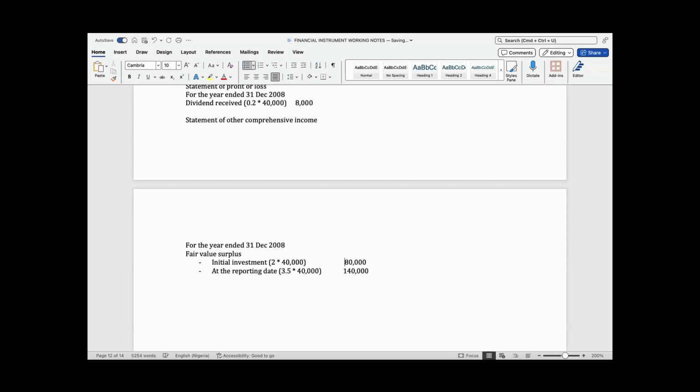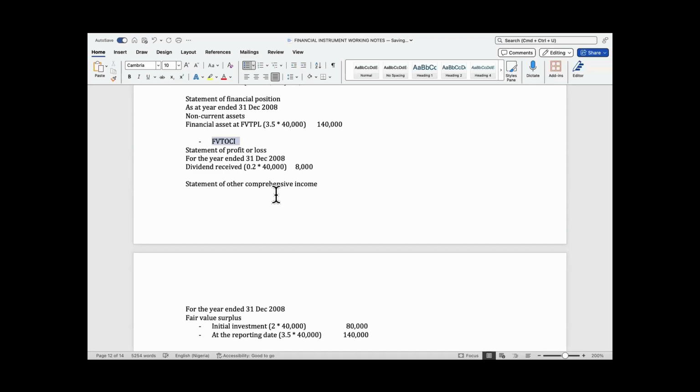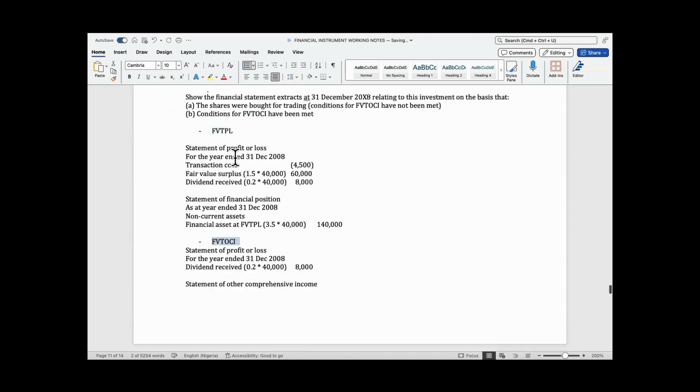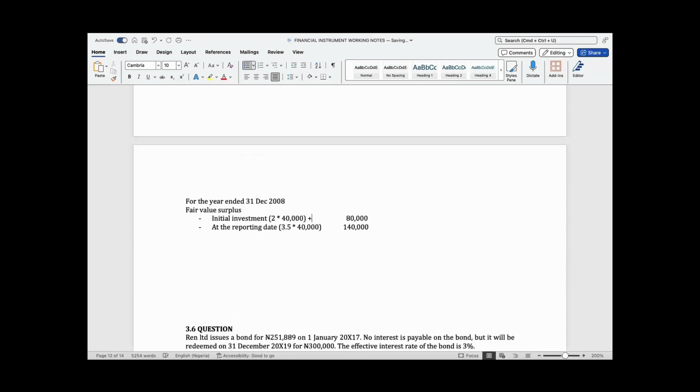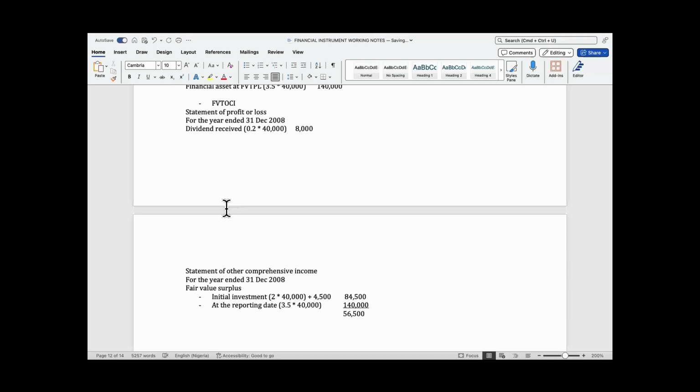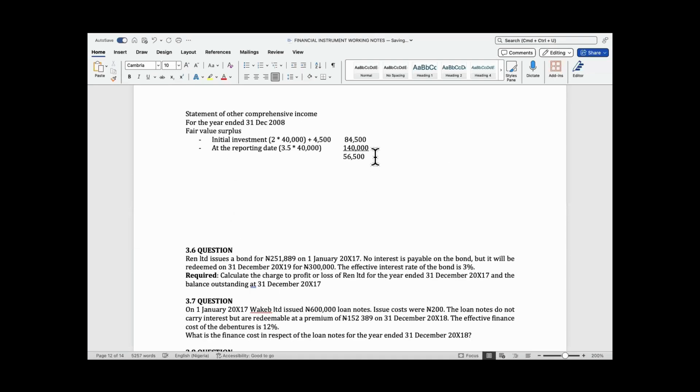However, don't forget that since we are looking at fair value through OCI, the transaction cost will have been capitalized, which means that at the beginning it will have been added to the initial investment, thereby giving me a surplus of just 6,500 in my other comprehensive income. So I have to be very careful with that.